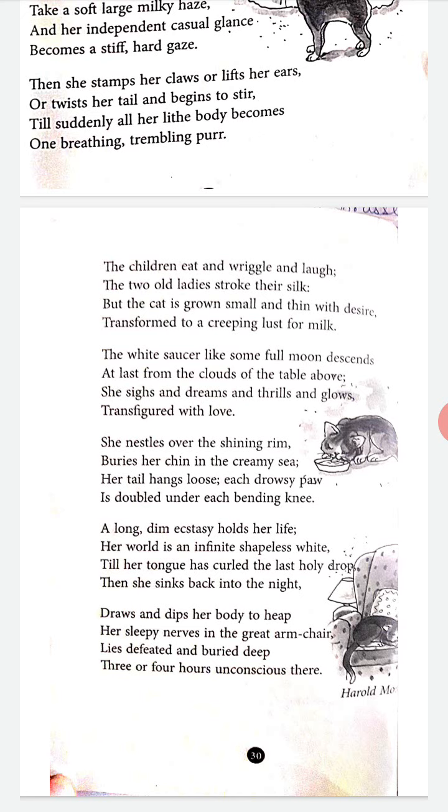So here the poet says that the white saucer filled with milk descends from the table like a moon. The table is called the cloud. Now looking at the saucer filled with milk, she gets extremely happy, and she's filled with joy and happiness.